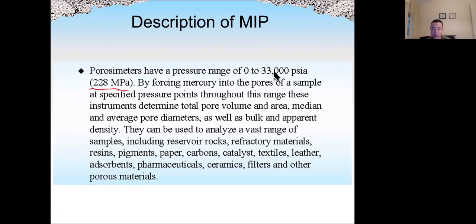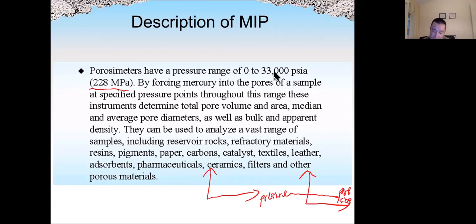So we force the mercury into the pores of the sample at different pressures. There is a correlation between pressure and pore size. We're going to talk about that in detail next time, but we have a correlation between the pore size and pressure.